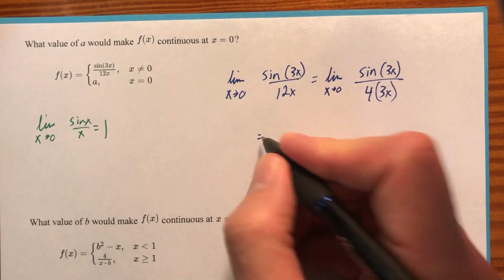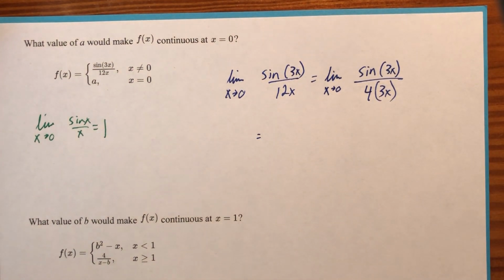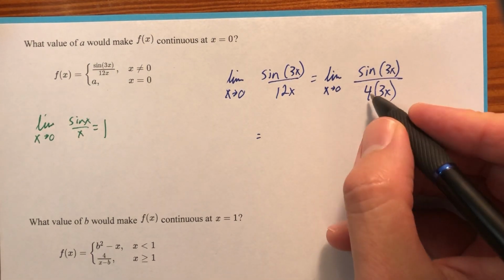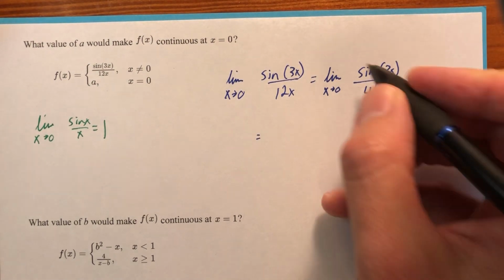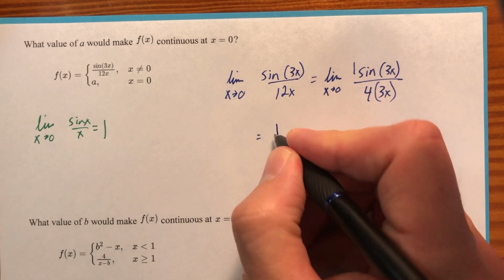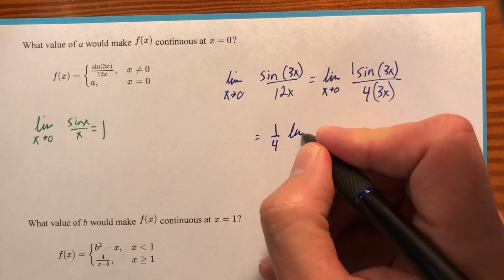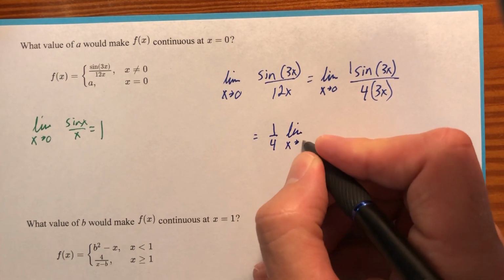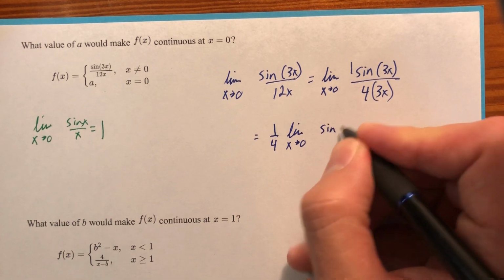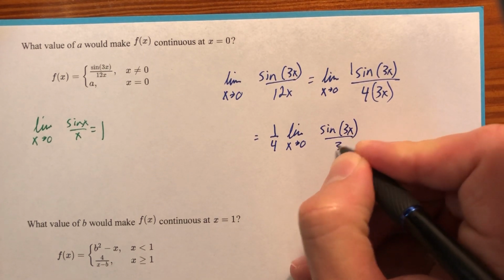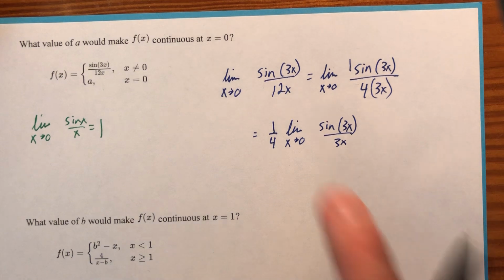So using the properties of limits, and this is a lot of stuff that can happen in your head, what we really have is this 4 down here in the denominator, that 1/4. We're going to factor out 1/4. We have 1/4 times the limit as x approaches 0 of sine of 3x over 3x. Well, at this point, I know what this part is.